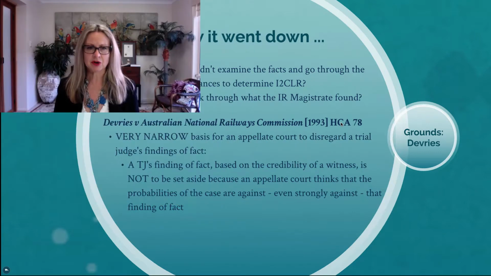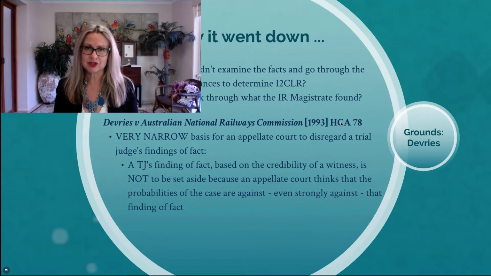As you can see there, a trial judge's finding of fact based on the credibility of a witness is not to be set aside because an appellate court thinks that the probabilities of the case are against or even strongly against that finding of fact. And why is that the case? Why is this so? Why is a trial judge's findings of fact so sacrosanct?